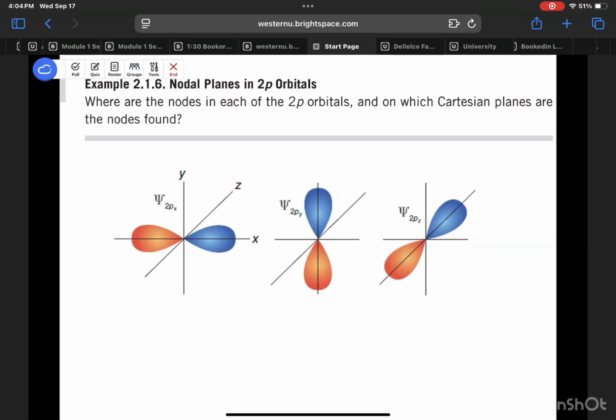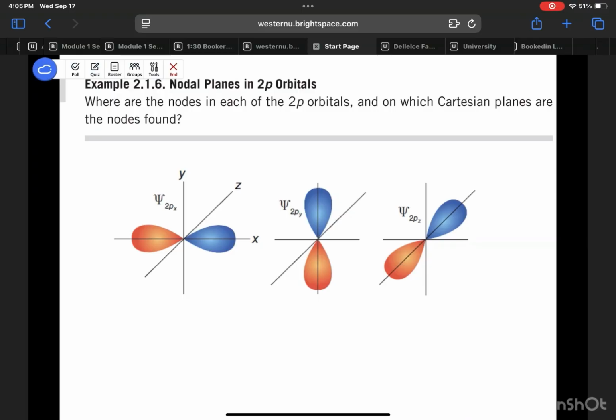The node is a nodal plane, and it lies right between these 2 lobes. So this time it isn't a sphere like the s, it's a plane. If I'm looking at the py orbital, it's going to be this plane here, again, lying in this region. And if I'm looking at the 2pz, pointing it towards you, it's this plane right here.